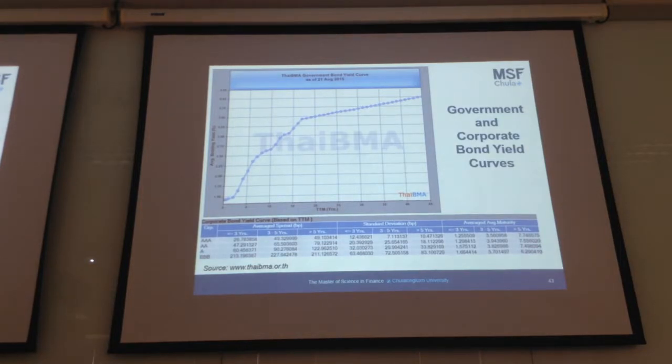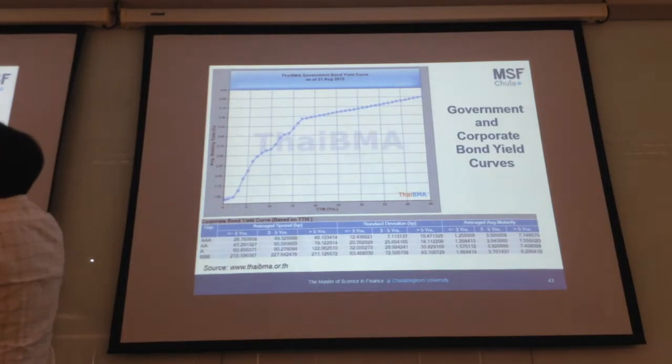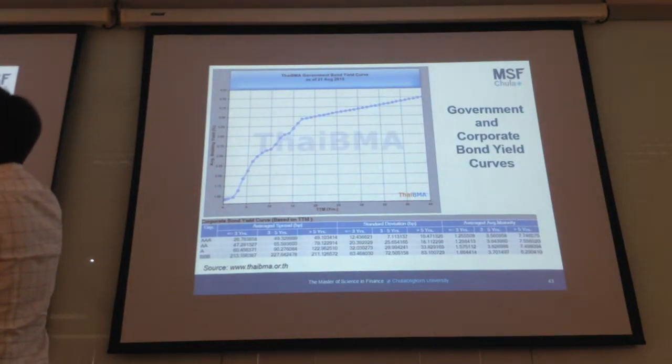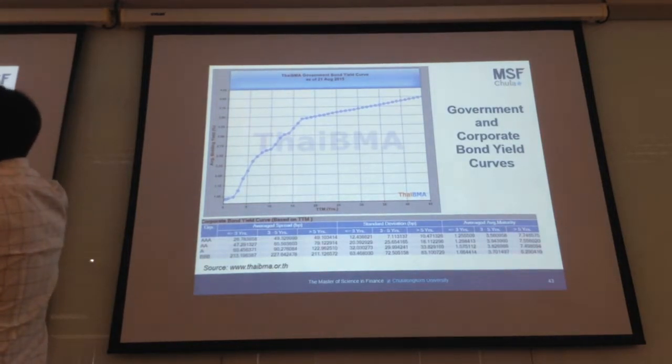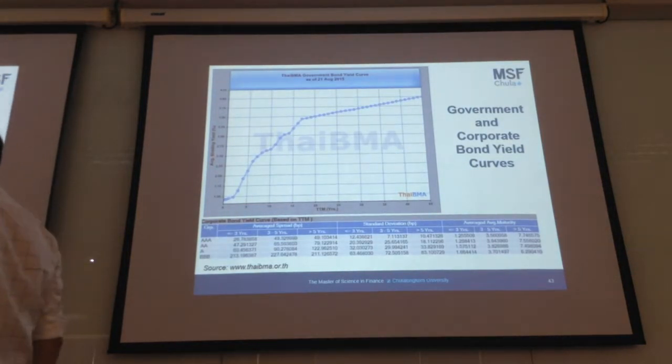Last lecture we talked about some functional forms to construct the yield curve, given some actual data points like this. But this one actually did not try to smooth the curve, so it would be something not smooth. This is a yield curve for the government rate.